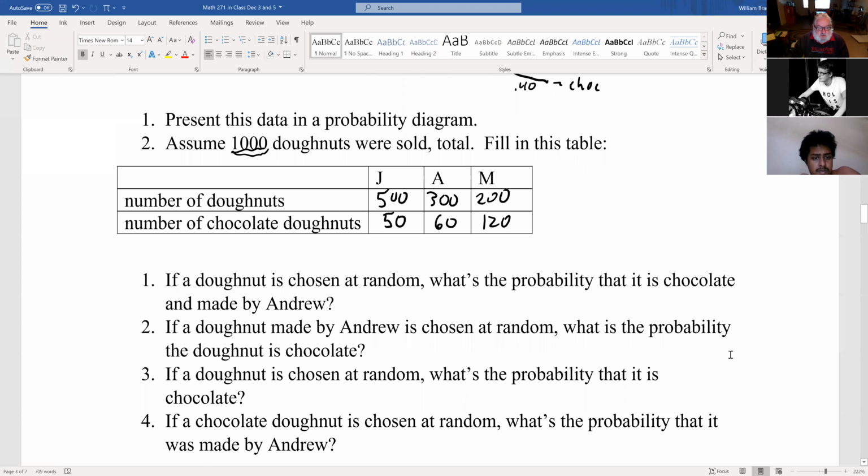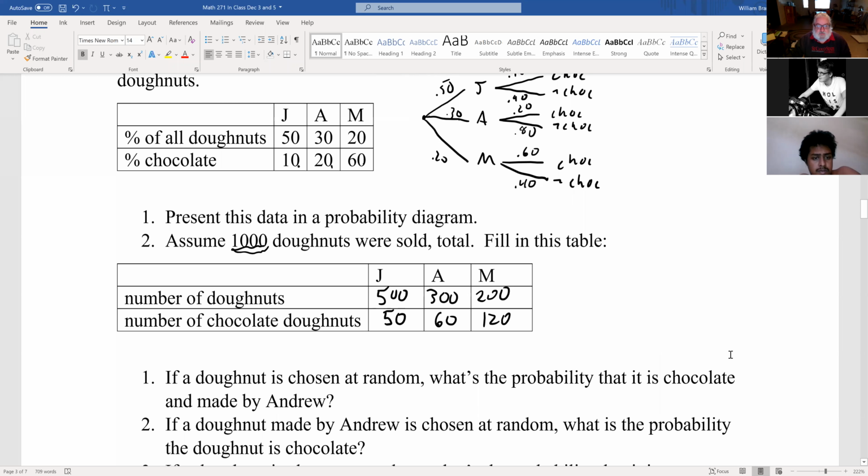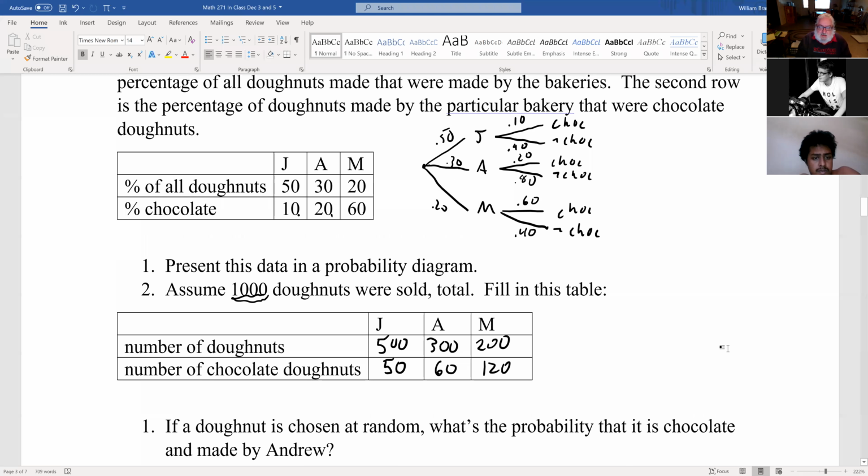So if a donut is chosen at random, what's the probability that it is chocolate and made by Andrew? There's two different ways to answer that. Chocolate and made by Andrew in the diagram is this path, right? Made by Andrew and then chocolate. So the probability of chocolate made by Andrew would be 0.3 times 0.2, which is 0.06.